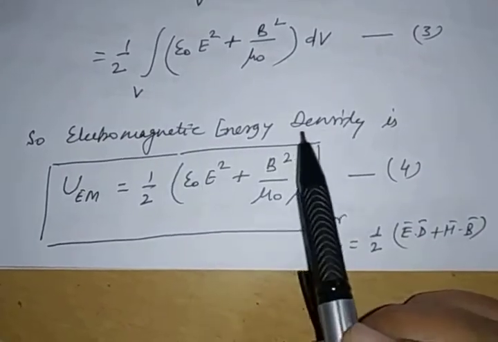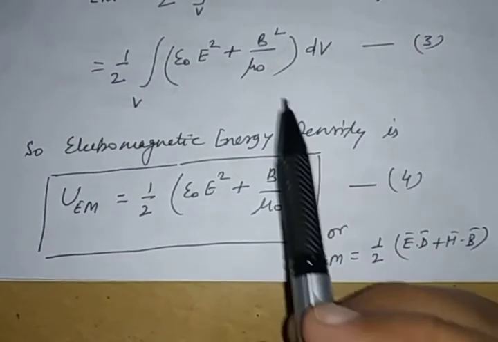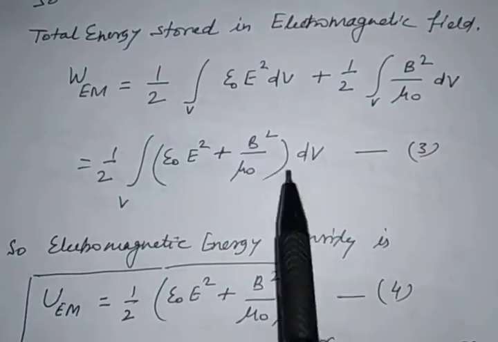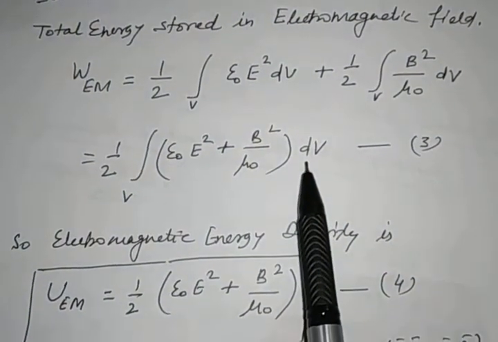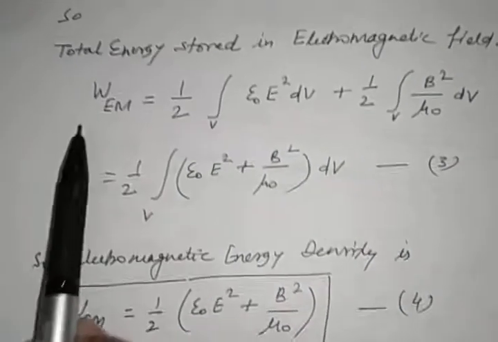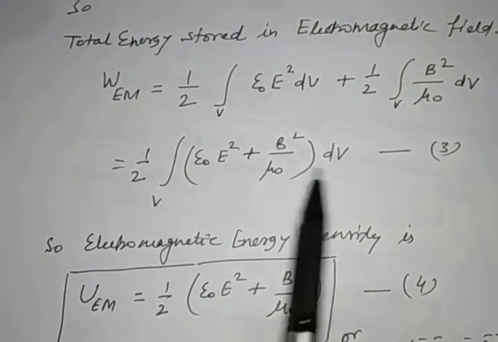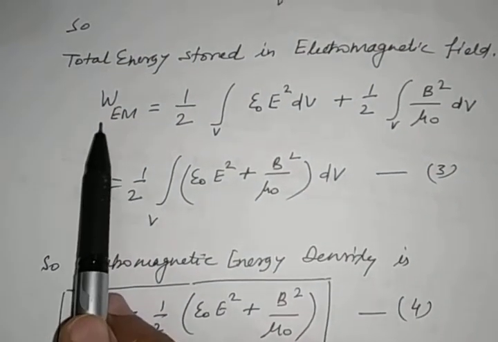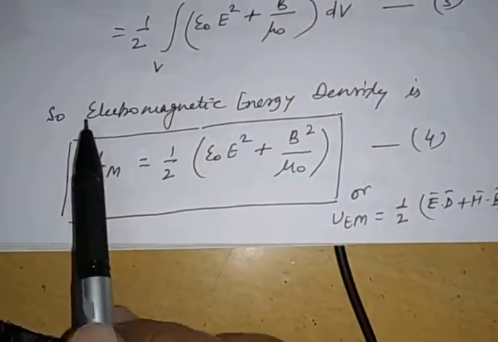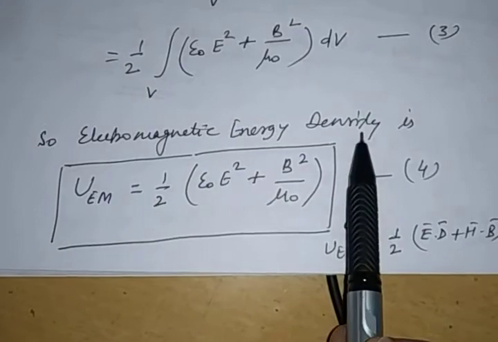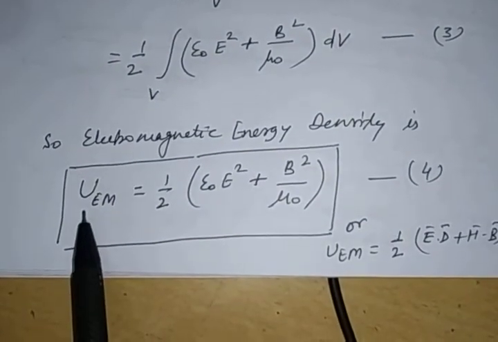Within the volume, energy WEM is present, so if we take this dV here, it will be energy per unit volume, which is the electromagnetic energy density, given by UEM.